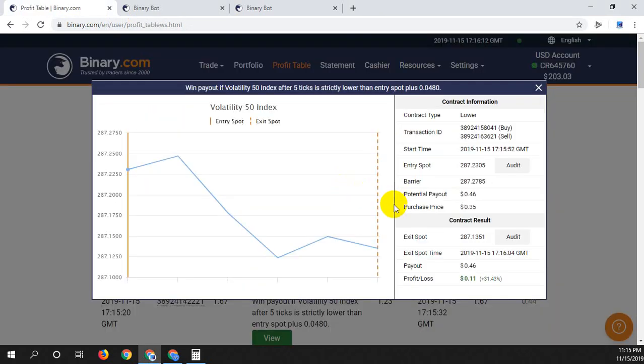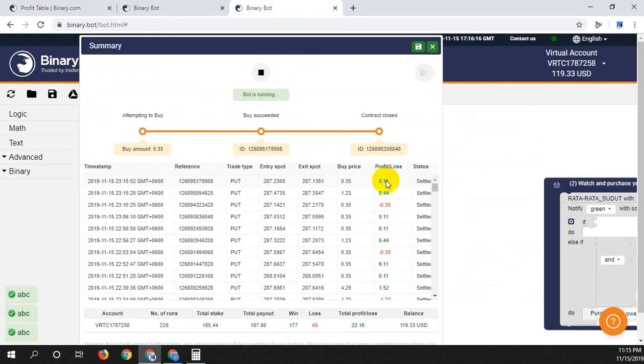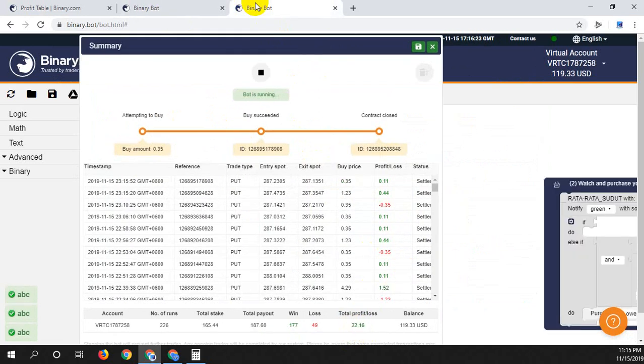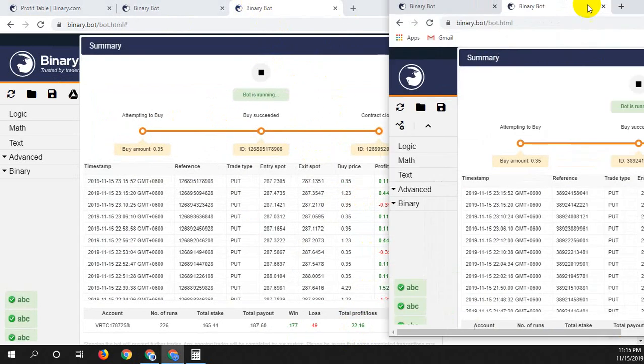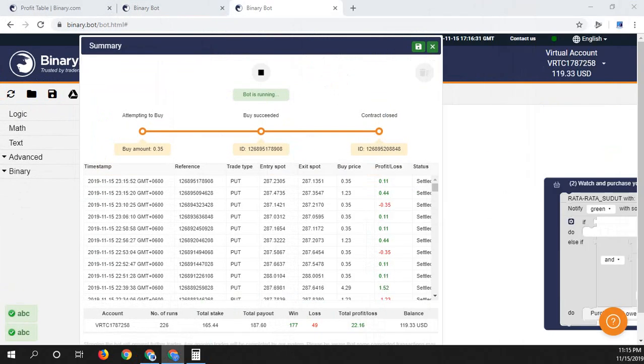Okay, this is the trading result. So again win, and you can see here again $6 profit. There is no martingale here, and this is martingale, and this is a real account. This is real. So thank you for watching the video.